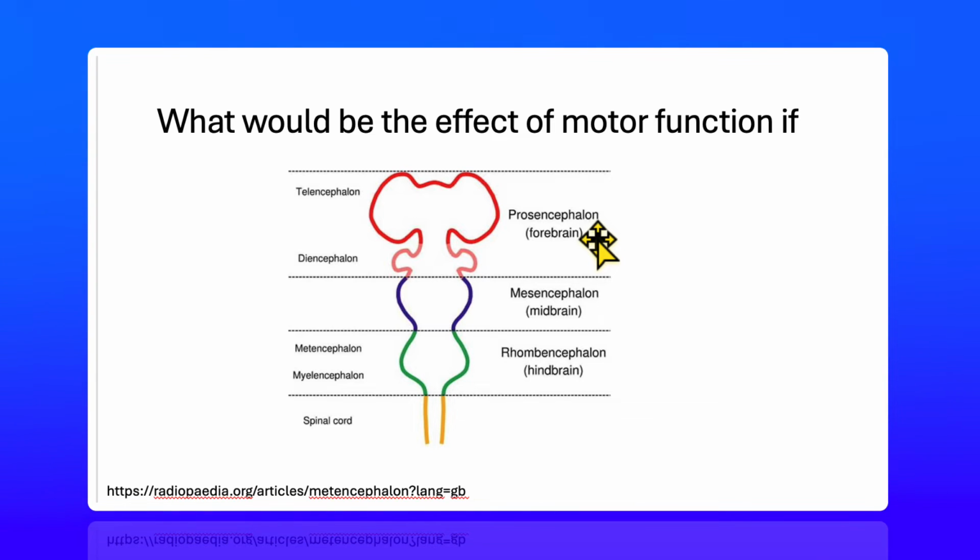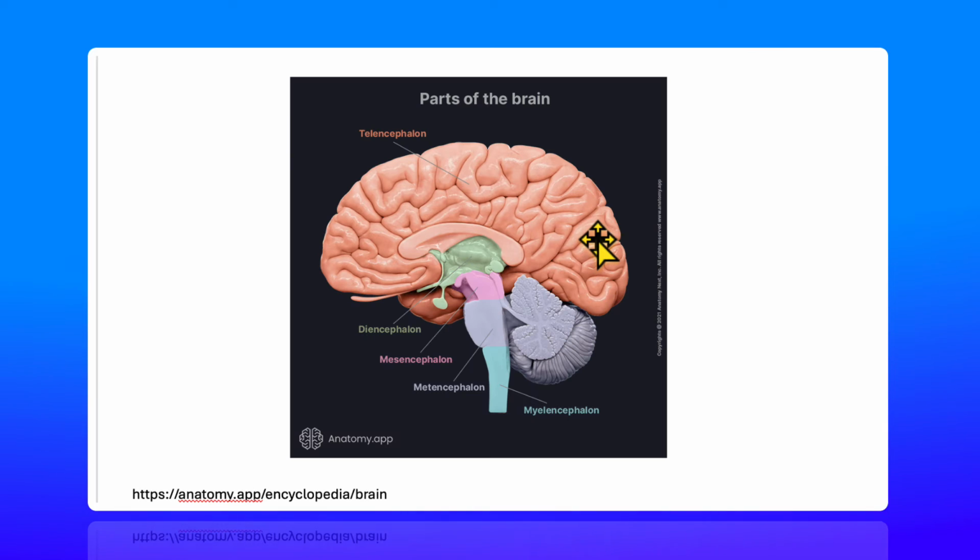The midbrain, which is also called the mesencephalon, and the metencephalon, which differentiates into pons and cerebellum, and the myelencephalon, which is the medulla oblongata. Then finally we have the spinal cord. So what we are seeing here is all the brain structures.